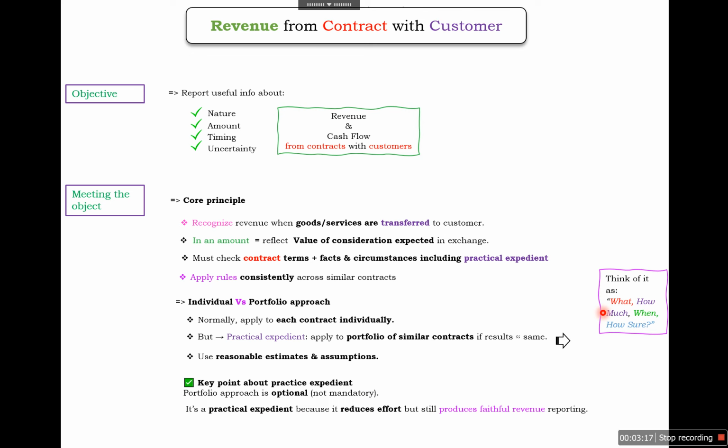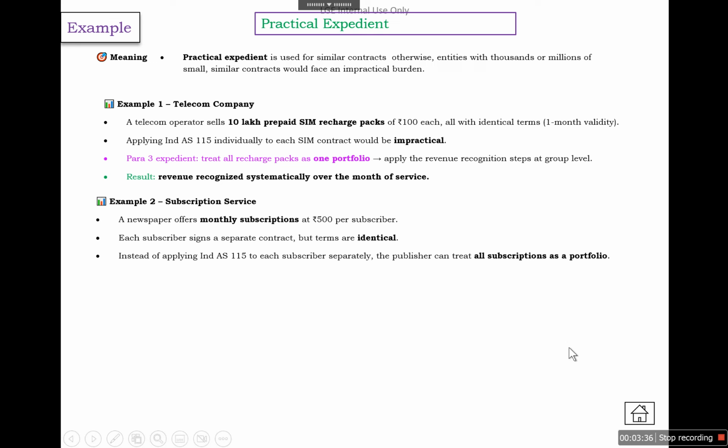If we summarize this, we need to think about what we are going to recognize, how much we are going to recognize, when we will recognize, and how sure we are about the collectibility of the revenue that we are going to recognize. So let's take some examples about the practical expedient. For example, we are in the telecom industry and a telecom operator sells 10 lakh prepaid SIM card recharge packs of 100 each with an identical term of 1 month.